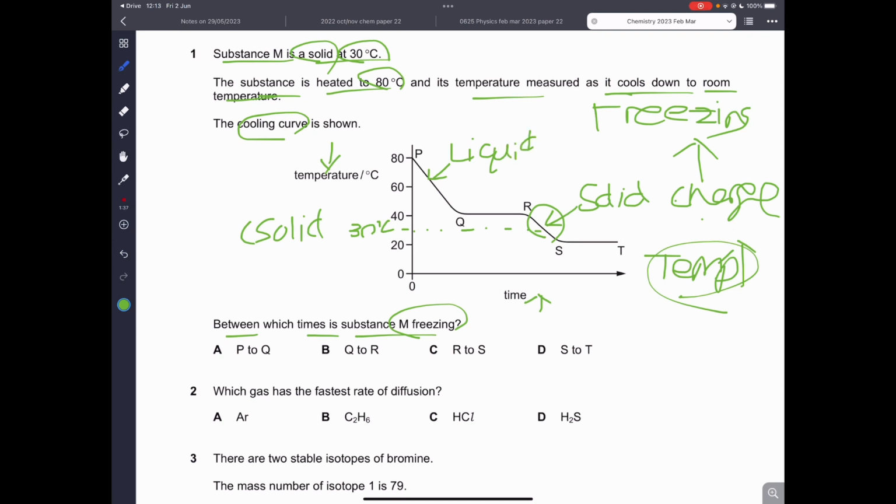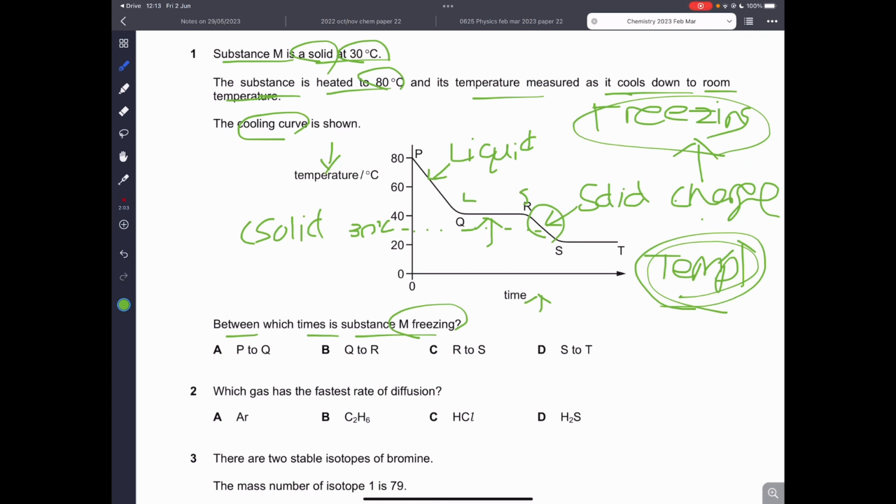Only when the liquid changes into solid completely will the temperature continue to decrease. But the temperature will not change if you are having freezing, melting, boiling, evaporation and so on.